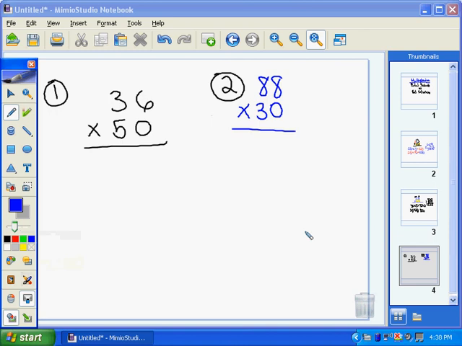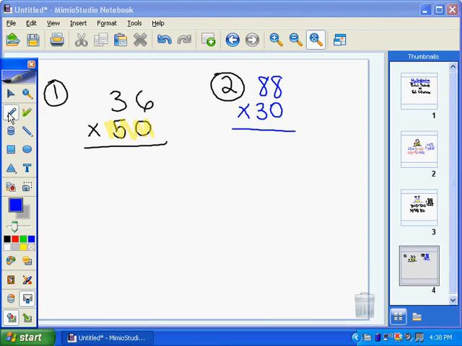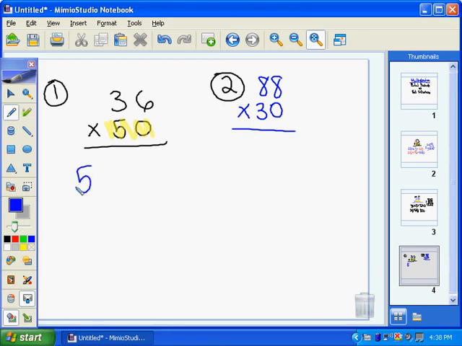Okay, let's go ahead and check in. So, get my highlighter out. Again, we're going to multiply this bottom number 50 times the number in our ones place, which is 6, and 50 again times the number in the tens, which is 30. So we know 5 times 6 is 30.